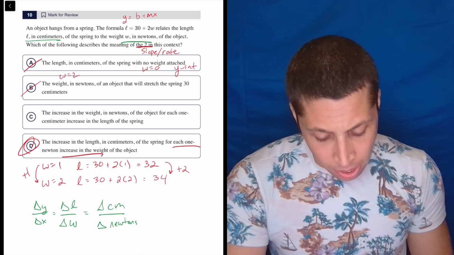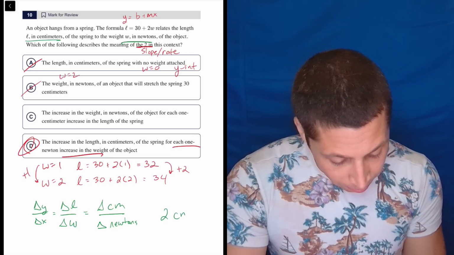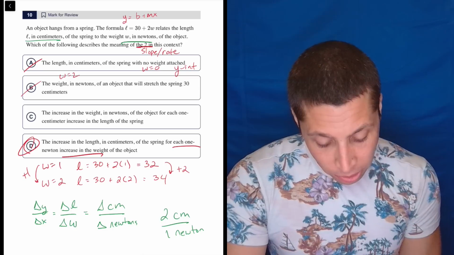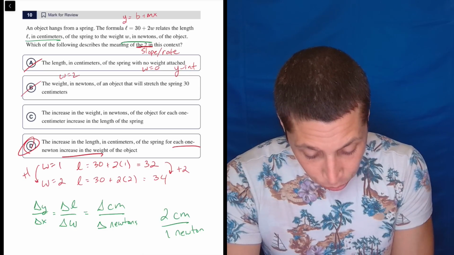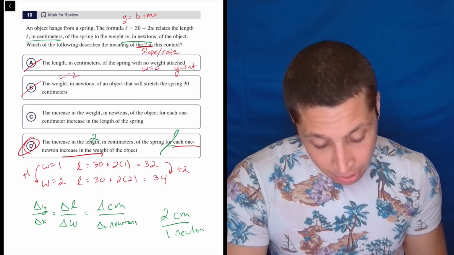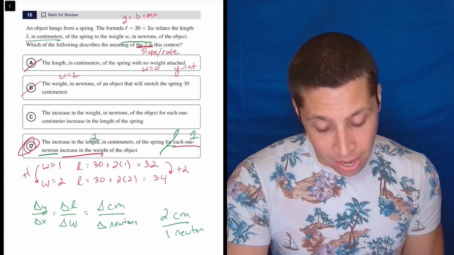Okay, so that is 2, right? So that's 2 centimeters per 1 Newton. So what is the 2? It is the increase in length, so 2 centimeters divided by each 1 Newton increase in the weight of the object. This is flipping it.